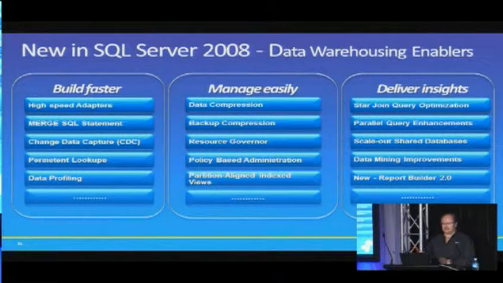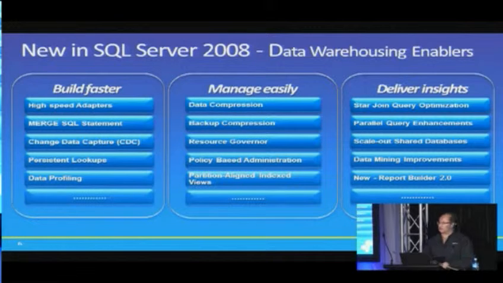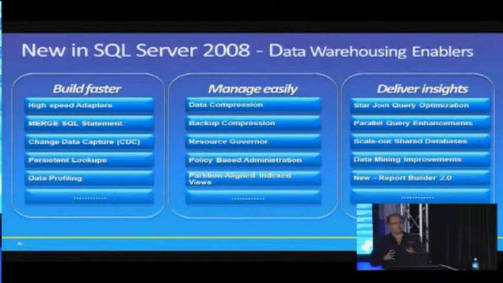As far as manageability, we added data compression and backup compression. Especially data compression gives you, in a data warehouse, easily 50-60% compression savings, both on your I/O storage and also on performance, because since it's compressed, it stays compressed in memory as well.